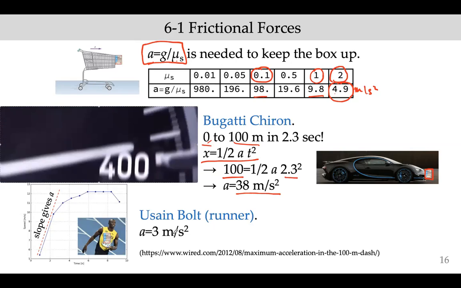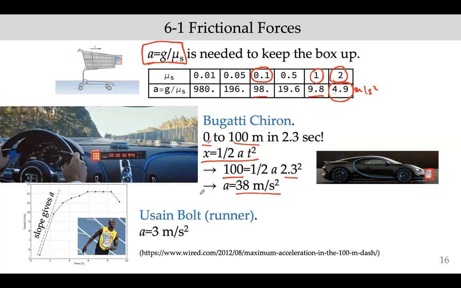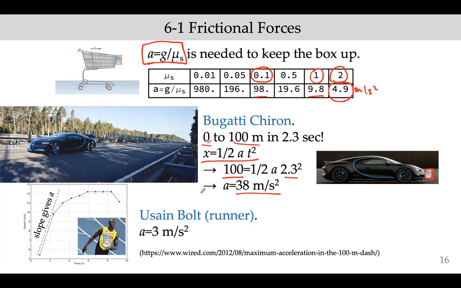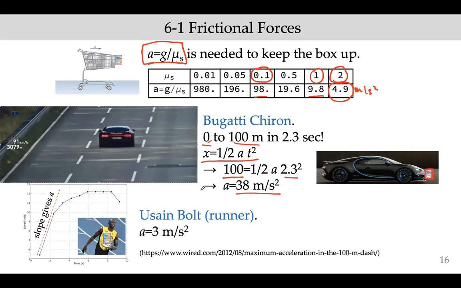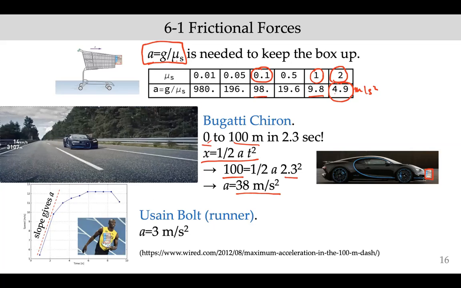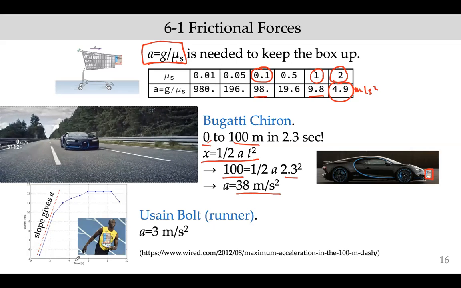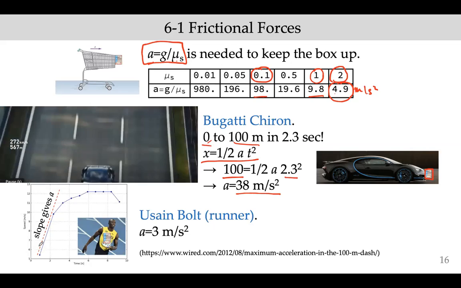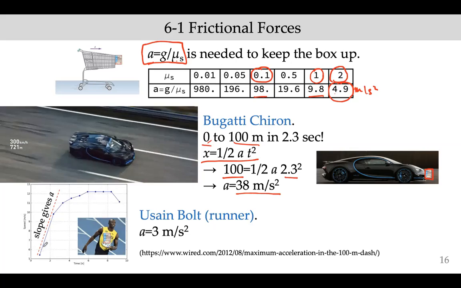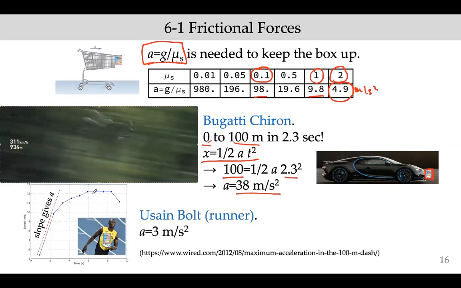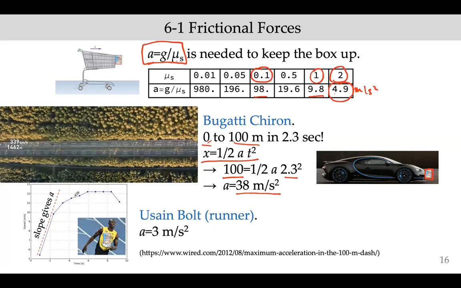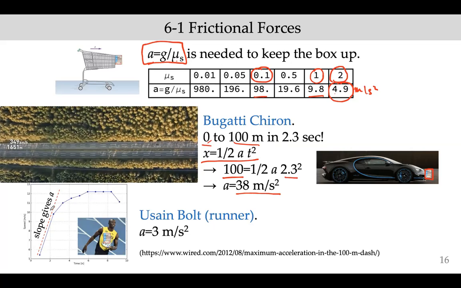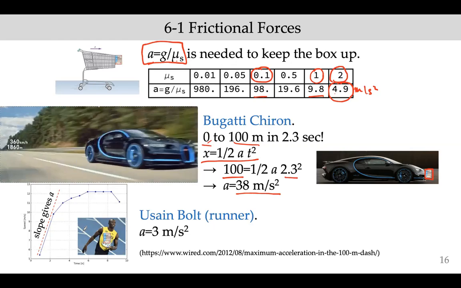What about a person? One of the fastest runners in the world is Usain Bolt. Here you can see that there is a speed and time graph. This part is his acceleration initially. And after that point, of course, he cannot indefinitely accelerate. After some point, he will go with constant speed. But let's think about the initial acceleration part.